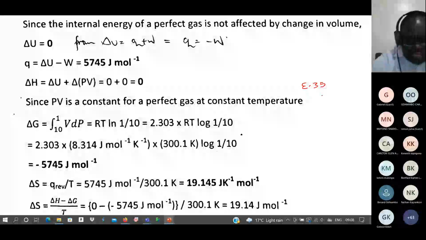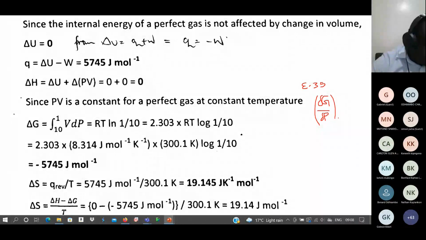Equation E35 says the change of G with pressure at constant temperature is given by V. So from this expression, delta G at constant temperature equals V dP.